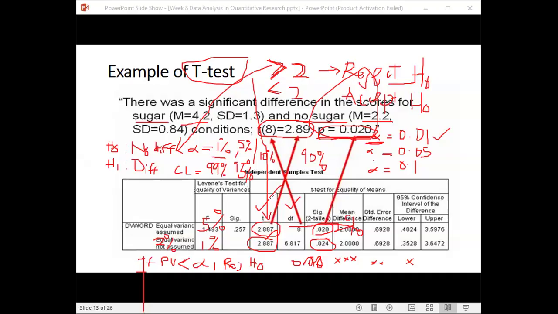The 10% is sometimes used, but some people in their books or papers, when it's 10%, they don't interpret the results. They don't see it as strong enough because there's too much room for error. So some people will stop at 5% and tell you that the result is statistically not significant.